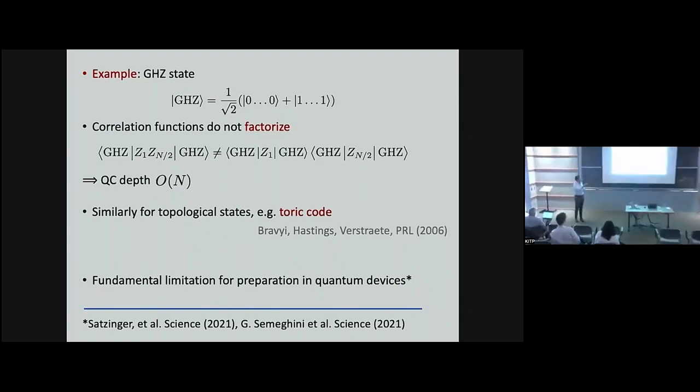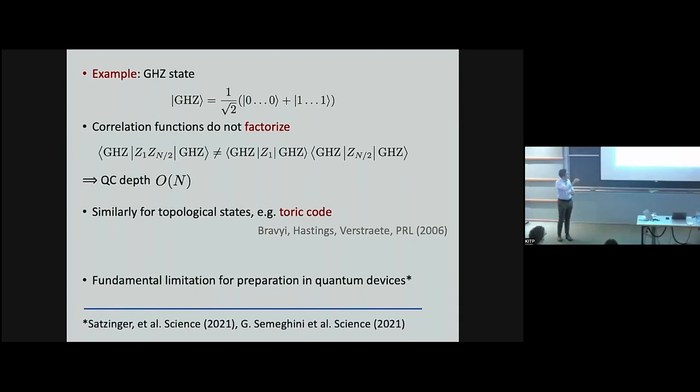And you will see that this correlation does not factorize. It's a one-line proof using the Lieb-Robinson bound that if you prepare the state with a finite depth quantum circuit, then it should factorize. And so this simply tells you that there's no finite depth quantum circuit that can realize the state, although the state is a trivial state.